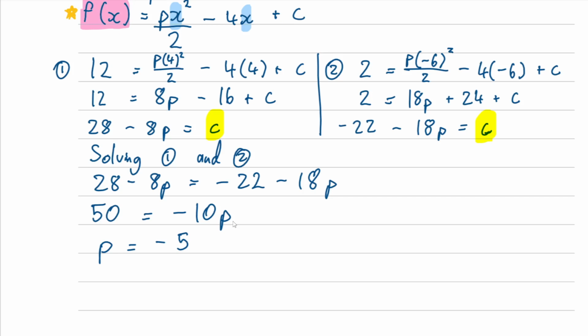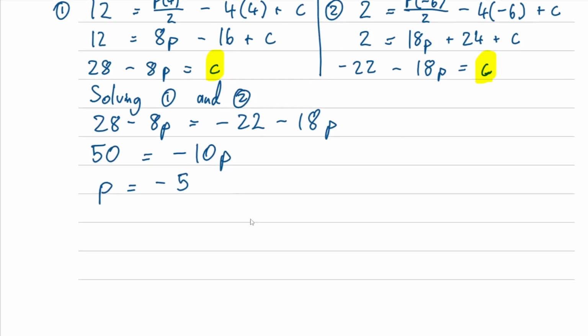Awesome. Now, to get c, we can use either equation 1 or 2, because we now know the value of p. So I'll use equation 1. 28 minus 8p, where p is negative 5, is equal to c. So that's 28 plus 40, which is 68. So c equals 68.